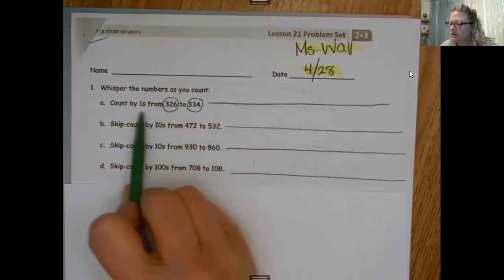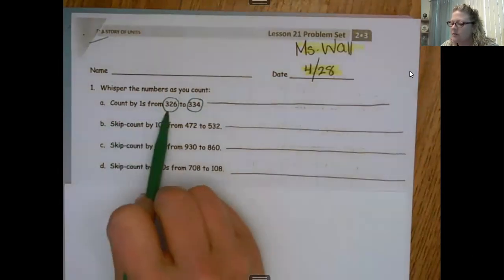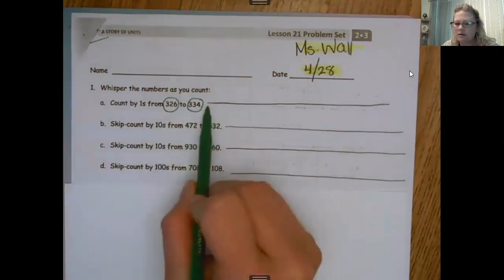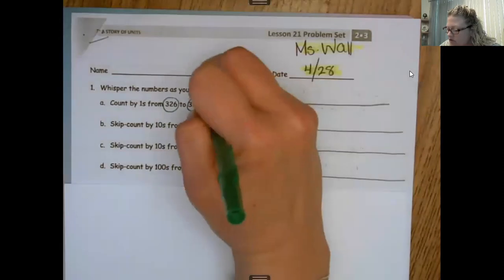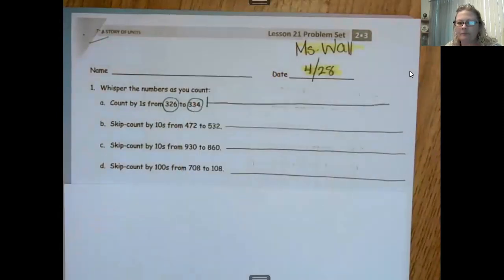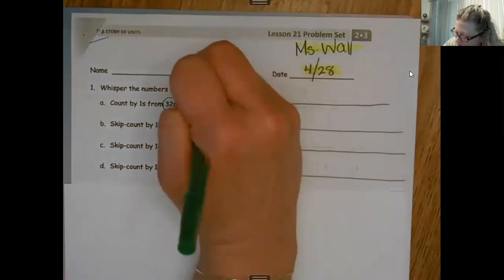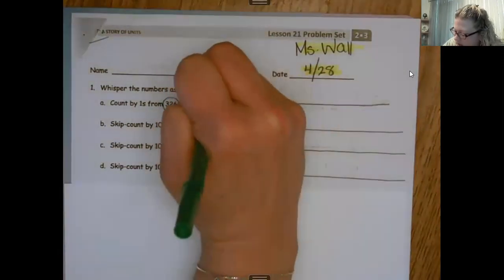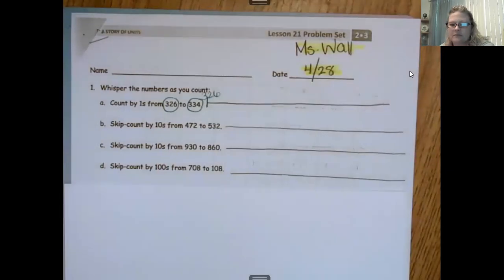Okay, so when it says count by ones from 326, the from is saying that's where you start. So right here, I'm going to draw my starting line, and I'm going to write the number 326, okay? And we're counting by ones.